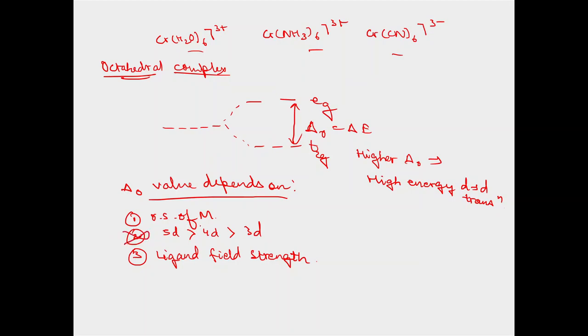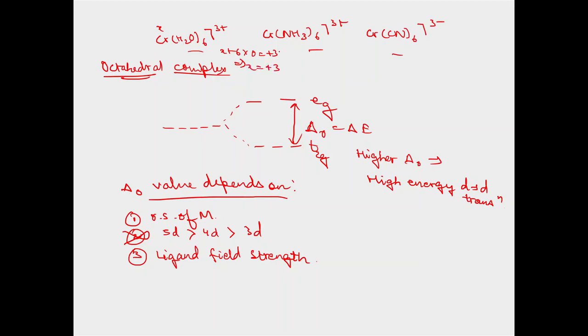The first parameter is the oxidation state of the metal. So let's find out the oxidation state for these three complexes. If we consider the oxidation state of chromium as X, we know that H2O is a neutral ligand and it carries the charge of 0. So for this one, X plus 6 into 0 is plus 3. So what is the oxidation state of chromium?